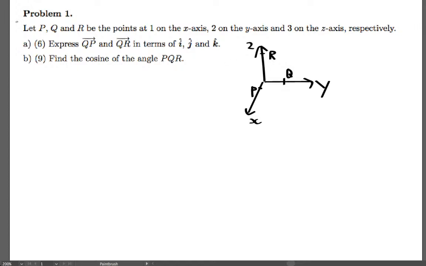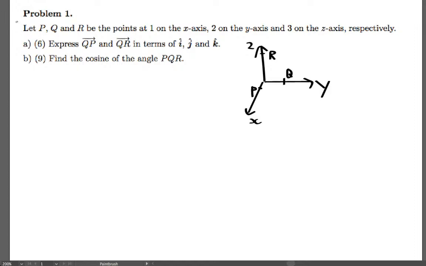Express vectors QP and QR in terms of i, j, and k. Okay, so probably your first intuition is to find OP, then OQ, then OR, and then do the subtraction to get the vector, because that's basically how you find different vectors.